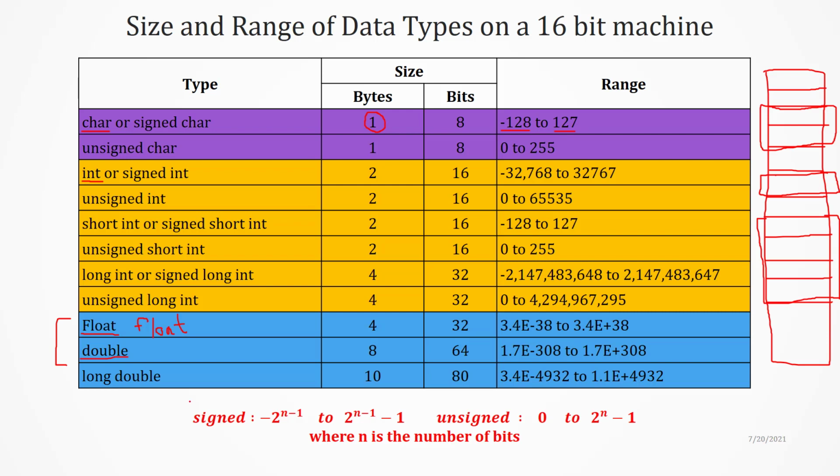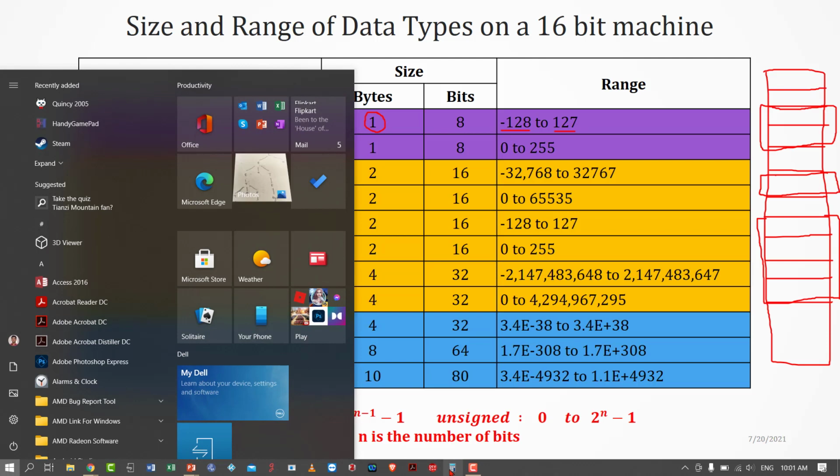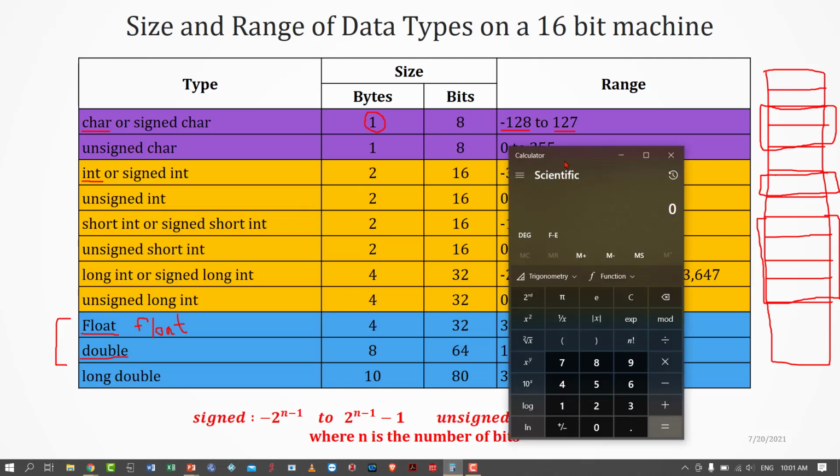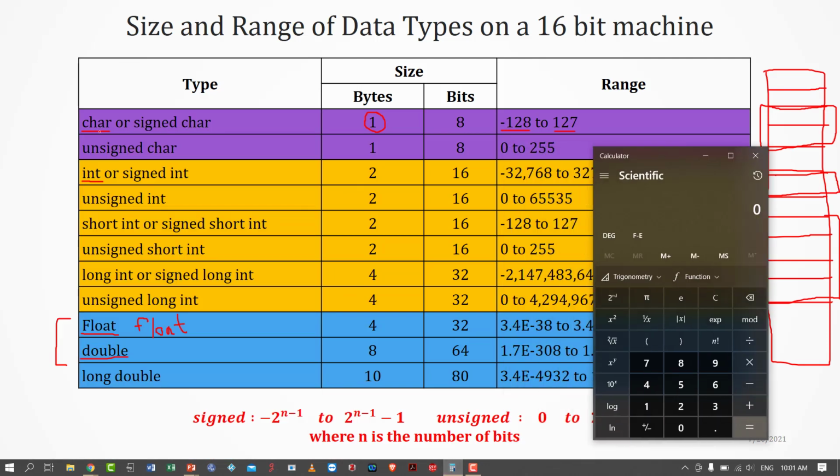If it is a signed one, the values will vary from minus 2 raised to n minus 1 to 2 raised to n minus 1, minus 1, where n is the number of bits. For example, I am taking char or signed char. For signed numbers, we take this formula. How many bits are here? 8 bits.